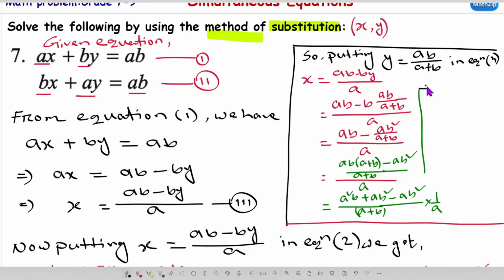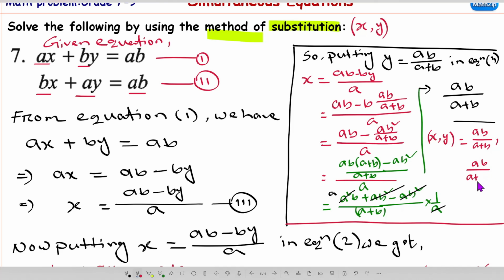So in here, look, ab square cancels out. So here is a square b and here is a. So this a square and this a cancel out, we will get ab divided by a plus b, and this is our answer. So x and y become the same value, x and y equal ab divided by a plus b. So this is very interesting and important math.